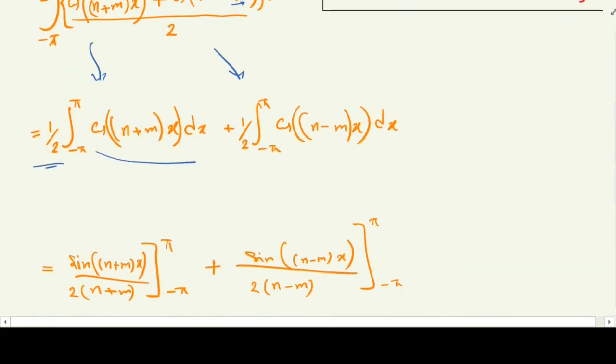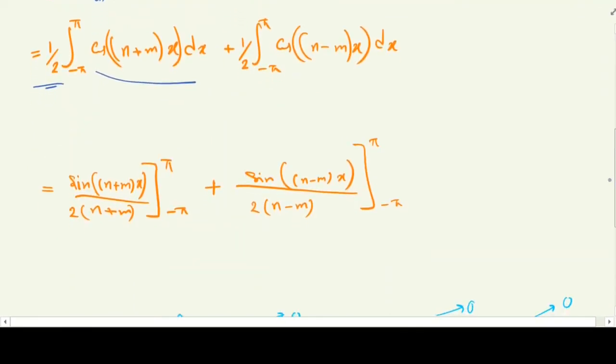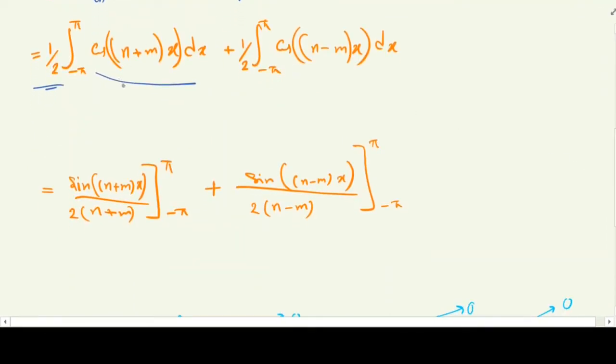So now we are dealing with just two simpler integrals. The first one, if you evaluate this integral, is going to be sine of (n plus m)x divided by (n plus m). And we have a factor of half here, which shows up here, from minus pi to pi.